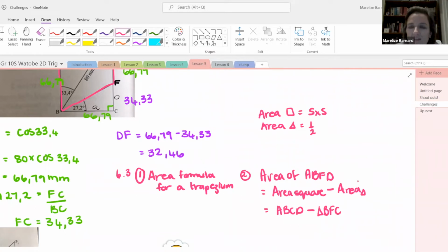Yeah, other way around. The big shape, which is the square minus this rectangle. Half times base times height. And then the area of a trapezium. Oopsie.